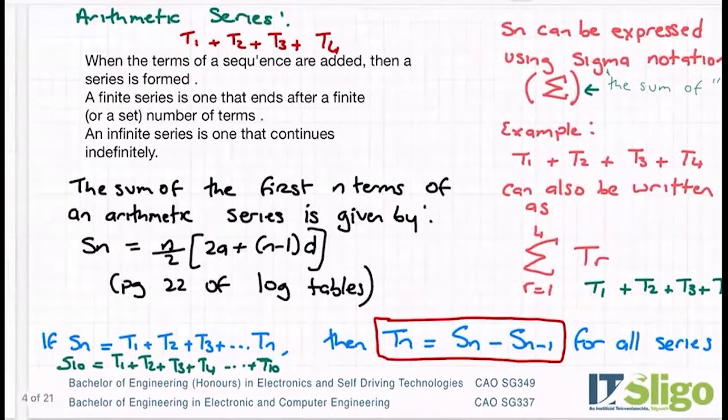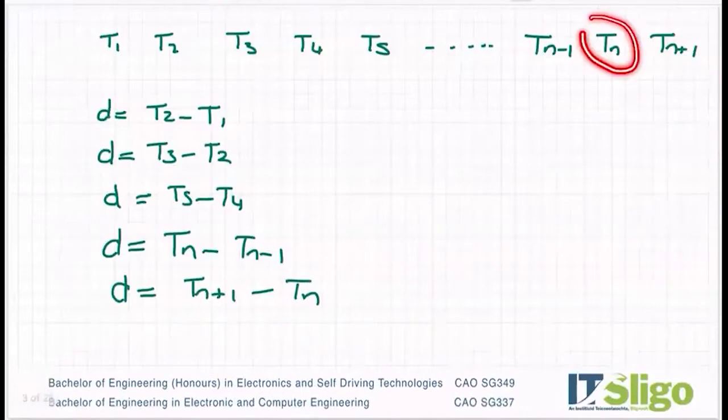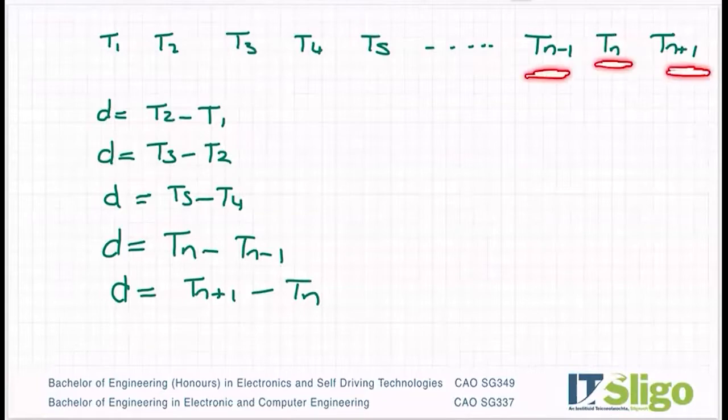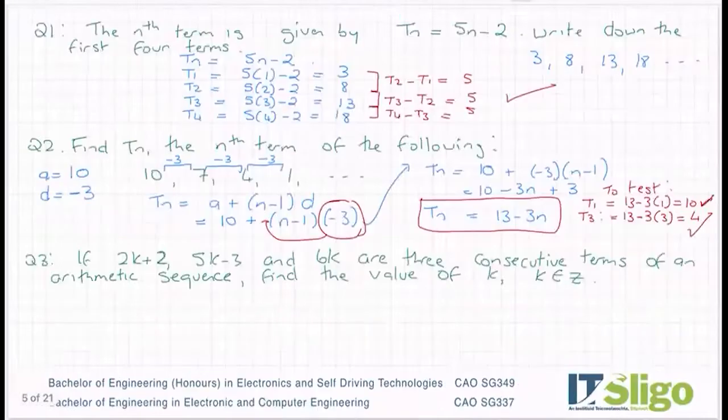Again, if we go back to the theory, I don't know where they come in the sequence, okay? I can call the middle one Tn, I can call the last one Tn plus 1, and I can call this one Tn minus 1 if I so wish. So he could be a Tn, he could be a Tn minus 1, he could be a Tn plus 1.